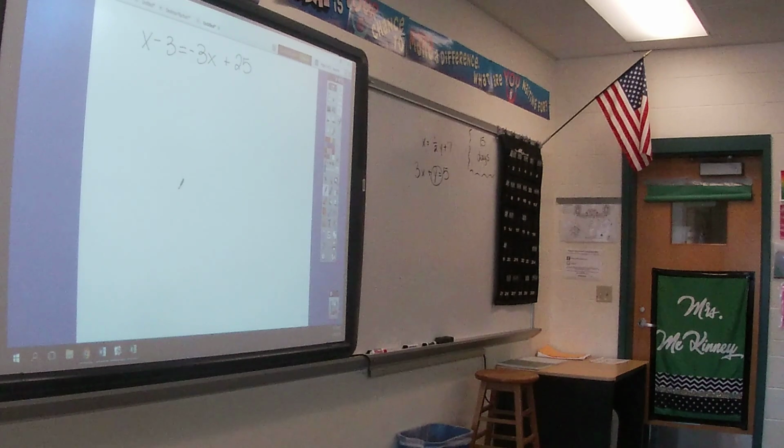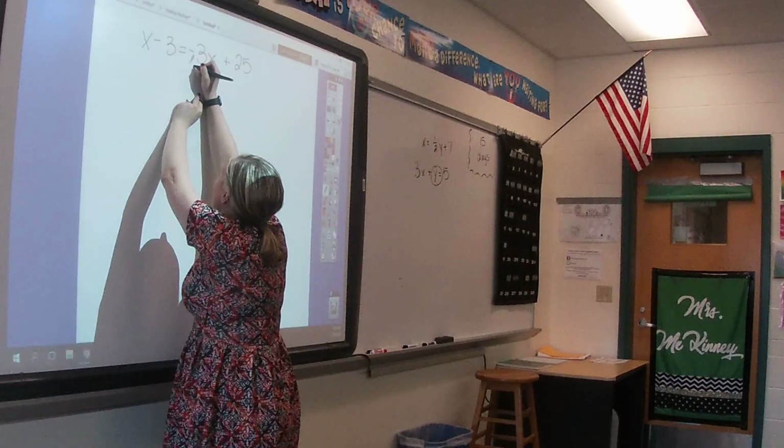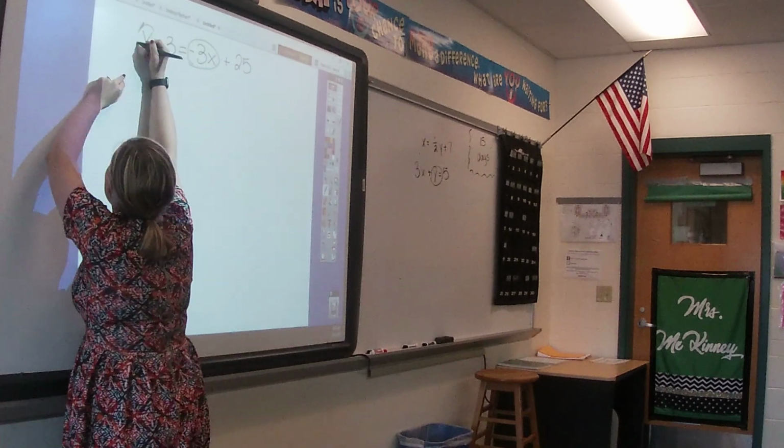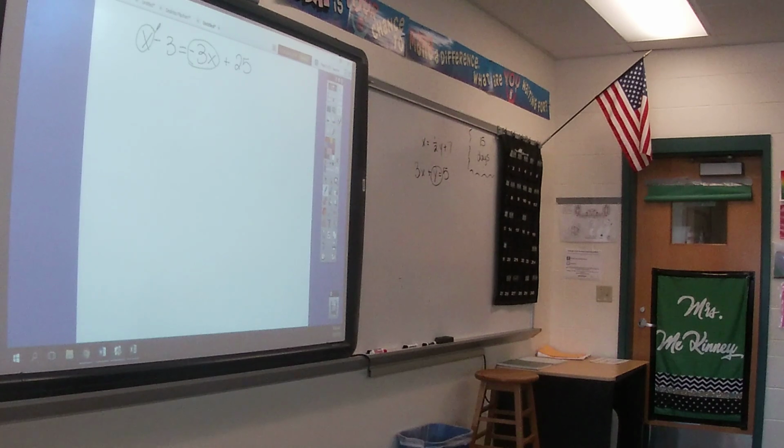Okay, so do we agree if we look at this and we go down our steps? Are there any parentheses? Nope, so nothing to distribute. Do we have like terms that we need to combine? Yes, we need to get these x's together. Are they on the same side of the equal sign, or opposite sides? Opposite. So if they are on opposite sides, we need to get them together with the opposite sign.